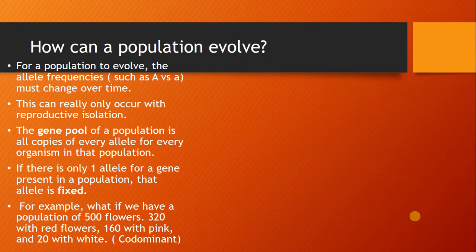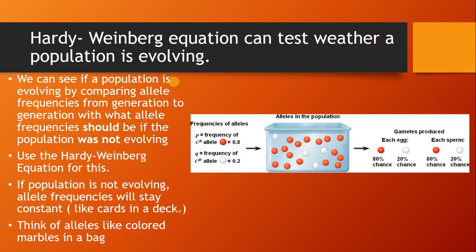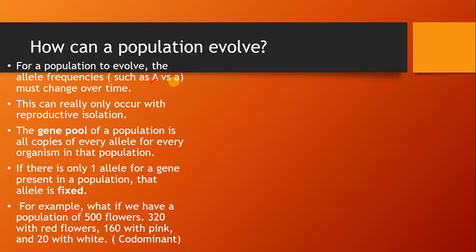So how exactly do populations evolve? Well, we saw natural selection, that some alleles are beneficial, and in times where those beneficial alleles confer advantages in survival, they will increase. But for a population to evolve, the allele frequency, such as A versus a, must change over time.